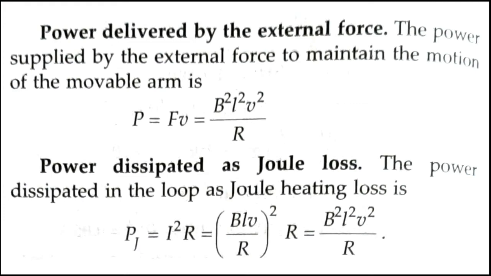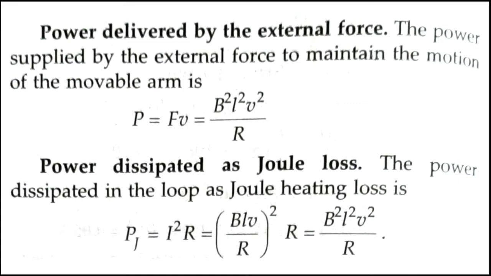We already have the expression for current, and the power dissipated becomes B square L square V square by R. That means we are getting the two expressions to be the same. So the power delivered by the external force is the same as the power dissipated as heat.